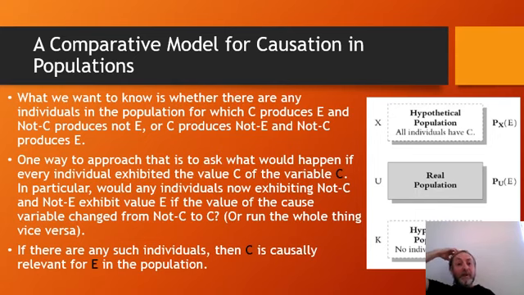So what we want to know is whether there are any individuals in the population for which C produces E. That would be sufficient for causal relevance in a population if only one individual has that relationship between the cause and the effect.